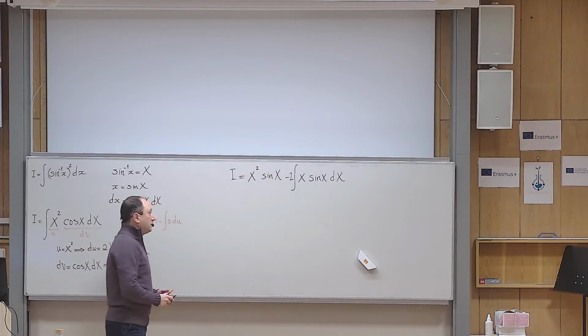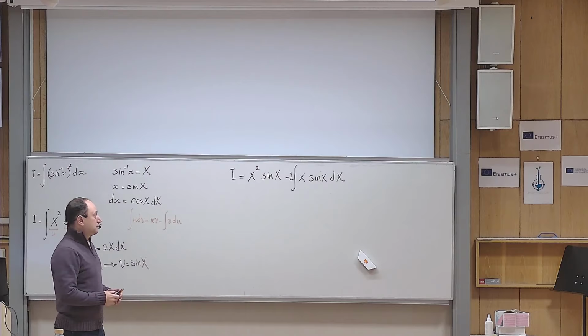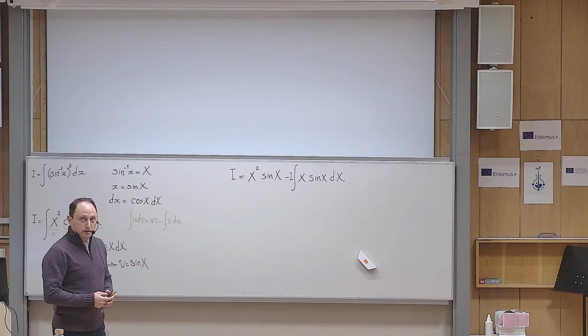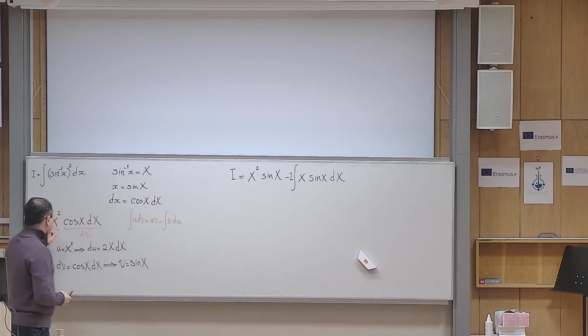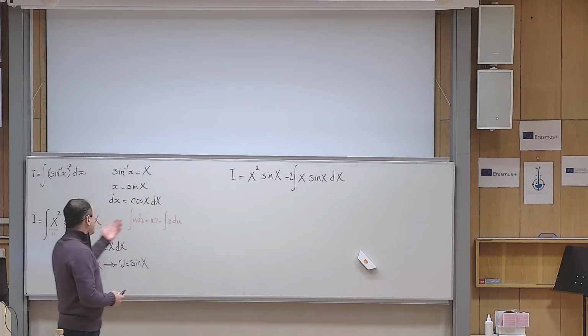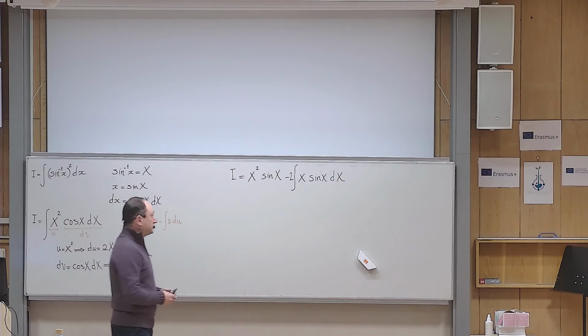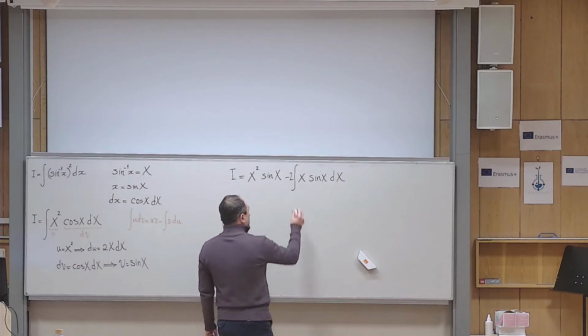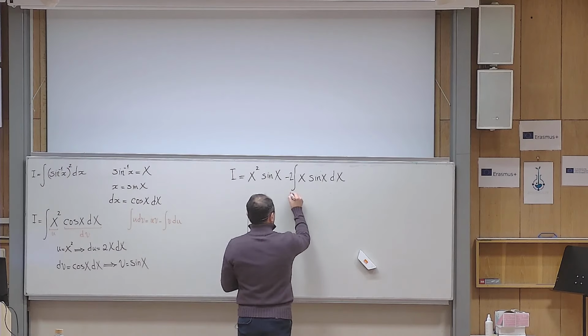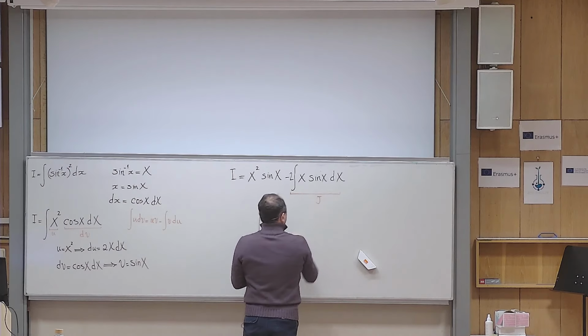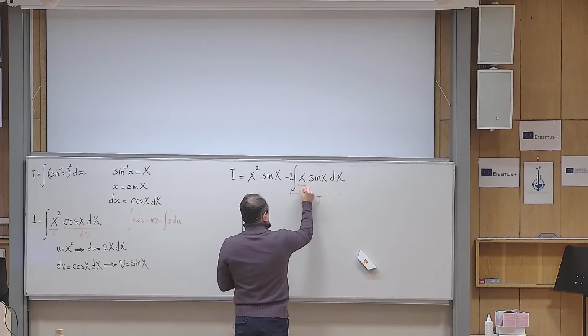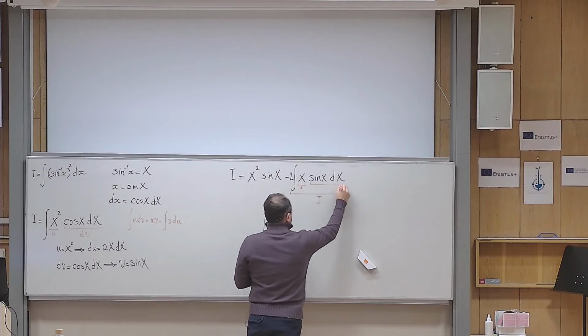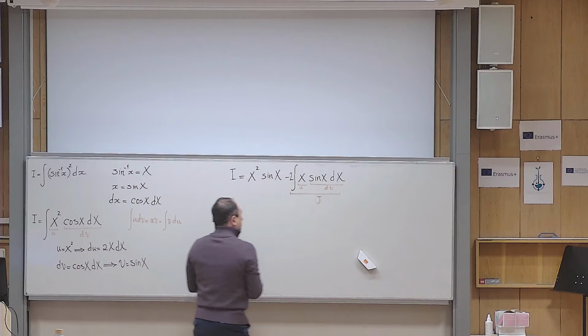Of course, I have to do integration by parts once more. This was successful because I reduced the degree of this polynomial by 1 unit. It was X squared before, now I have X, and instead of a cosine I have sine. I will do the same trick here. This time, let me call this integral J, and I give the role of u to this, and the role of dv to this.